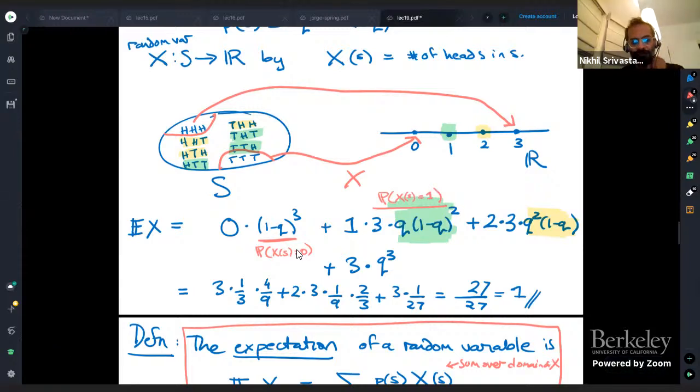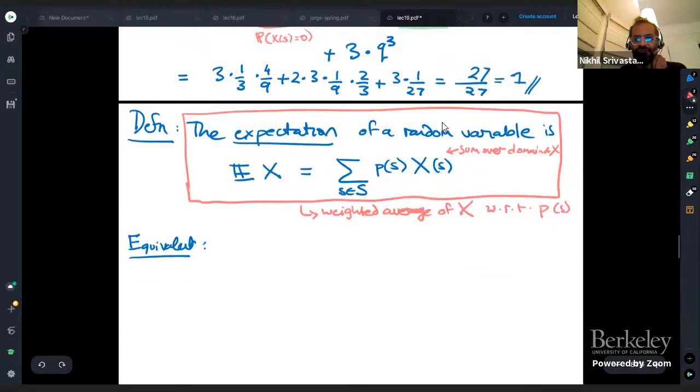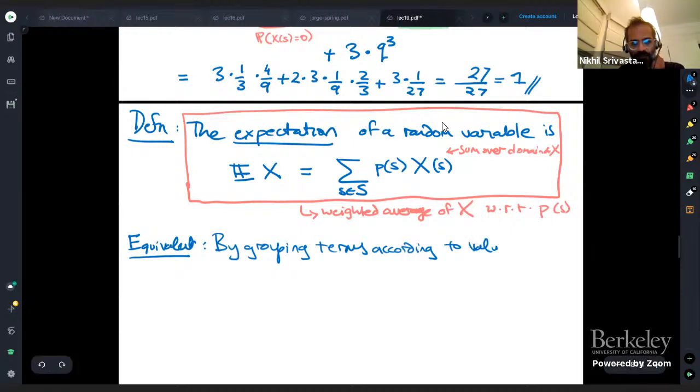So if you group the terms according to the value in the codomain, or in the range of X, let's say, then you get another equivalent formulation. So by grouping terms according to the value of X of S. This is different from grouping according to S. Here you group according to the value in the codomain.